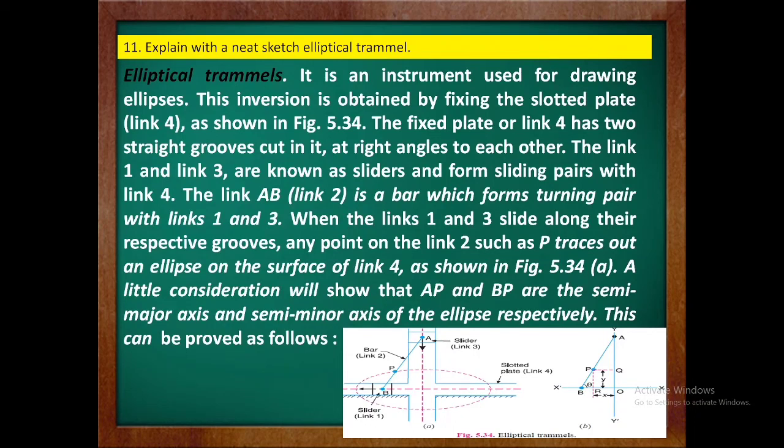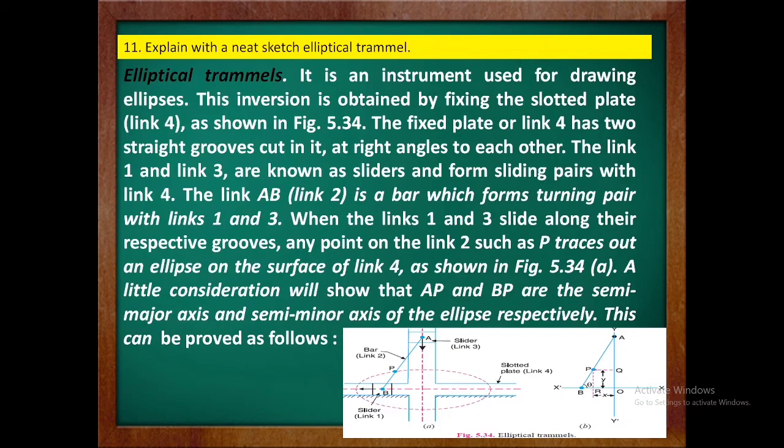The link AB, that is link number 2, is a bar which forms a turning pair with link 1 and 3. When the links 1 and 3 slide along their respective grooves, any point on the link 2, such as P, traces out an ellipse on the surface of the link 4 as shown in the figure.